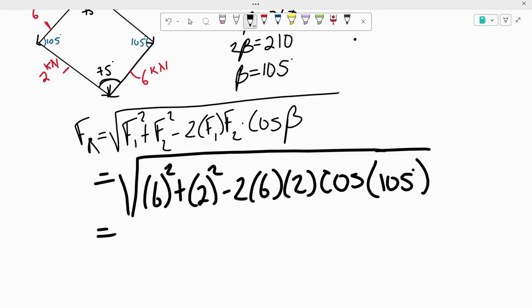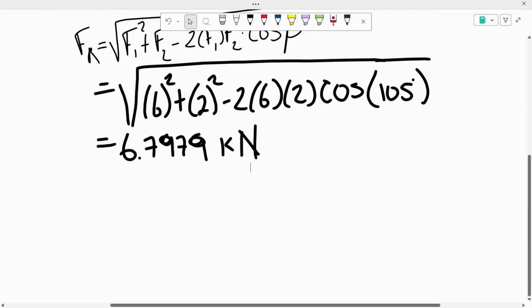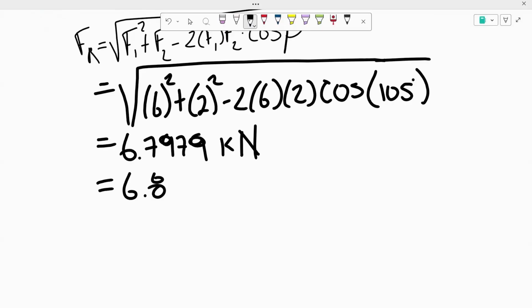So square root of 6 squared plus 2 squared minus 2 times 6 times 2 times cosine of 105 should give you 6.7979 kilonewtons. And if you were to round that up, 6.8 kilonewtons.